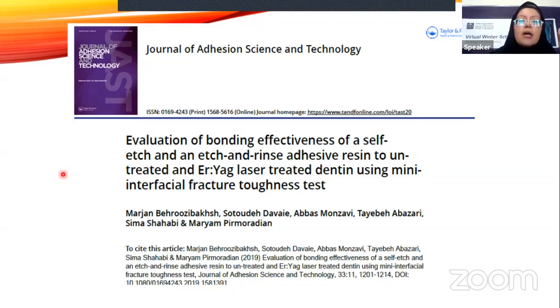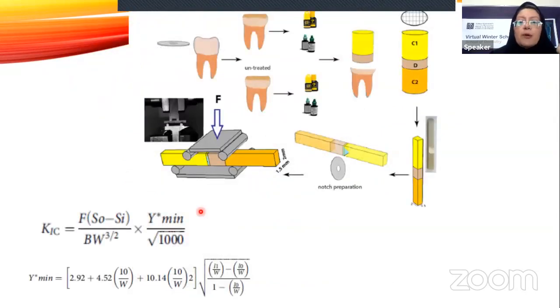Some scientists prefer to do micro interfacial fracture toughness. This is one of my papers about the mini interfacial fracture toughness. We prepared our samples in this way and applied our force via a 4-point bending flexural test.